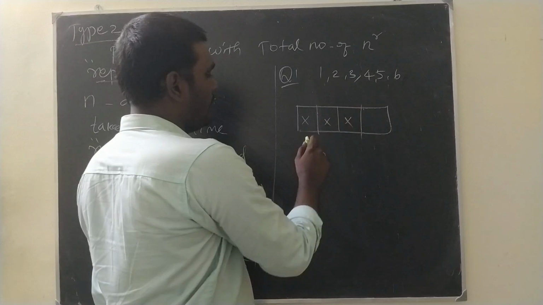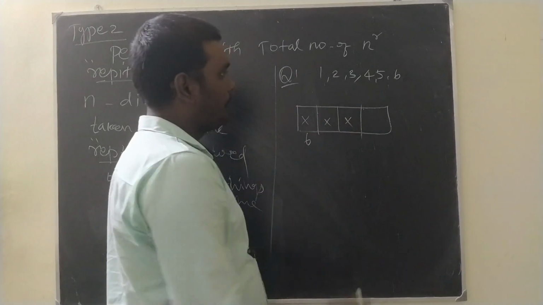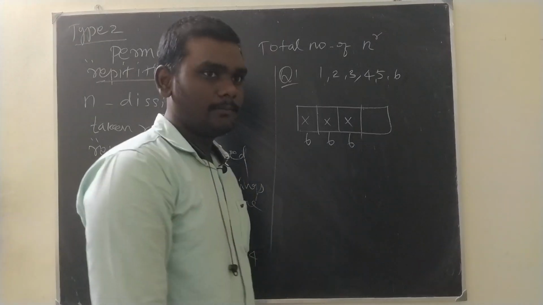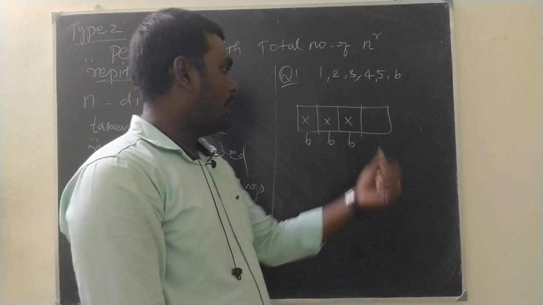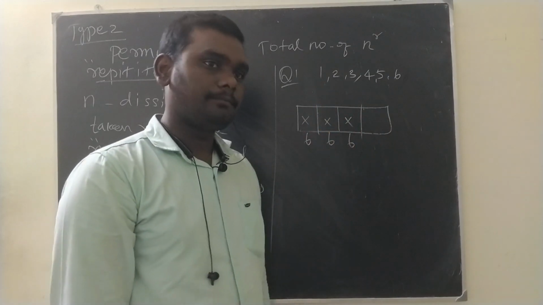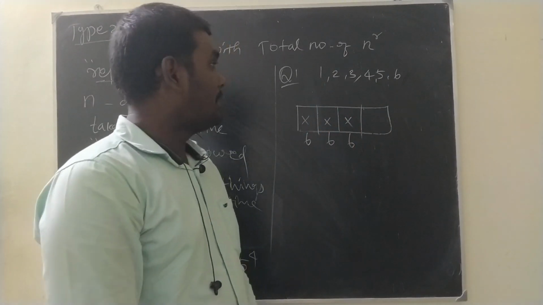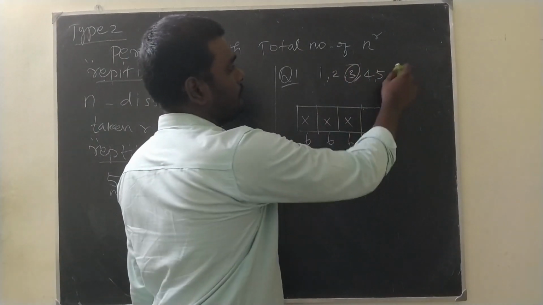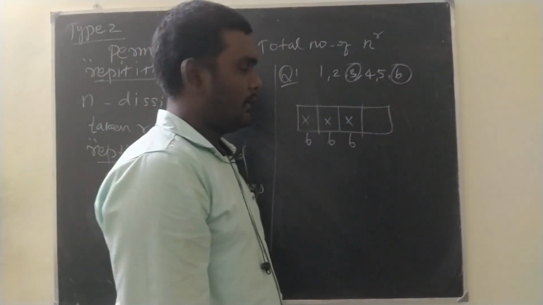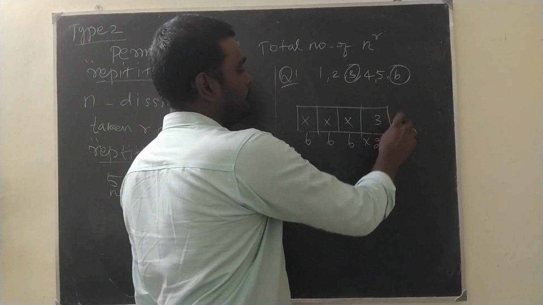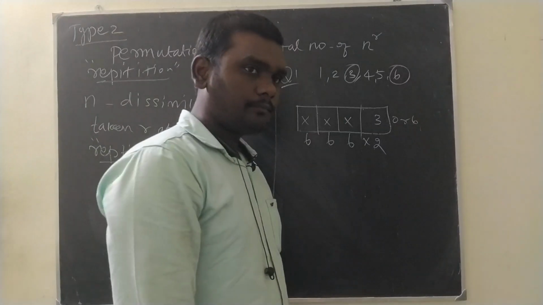So this has 6 chances. This has 6 chances. This has 6 chances. But while filling the last box, that number should be divisible by 3. How many numbers are divisible by 3 in this given group? 3 and 6. So only those 2 numbers can be chosen here, either 3 or 6.